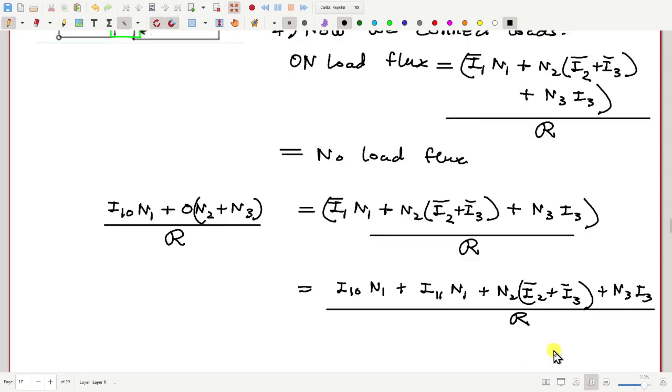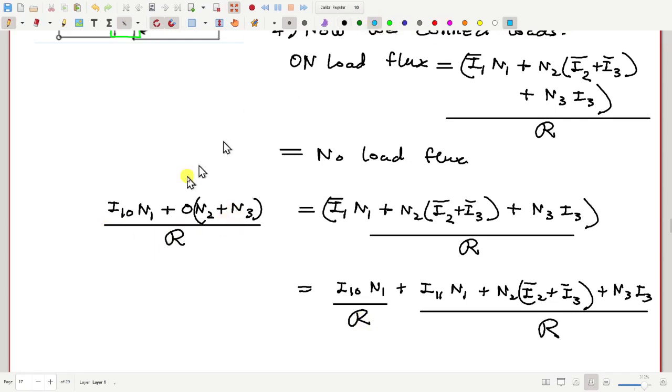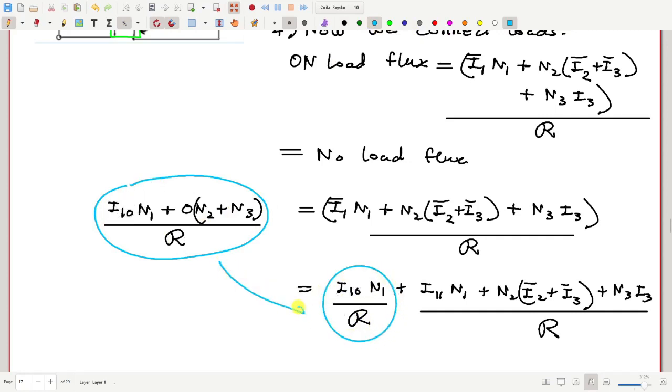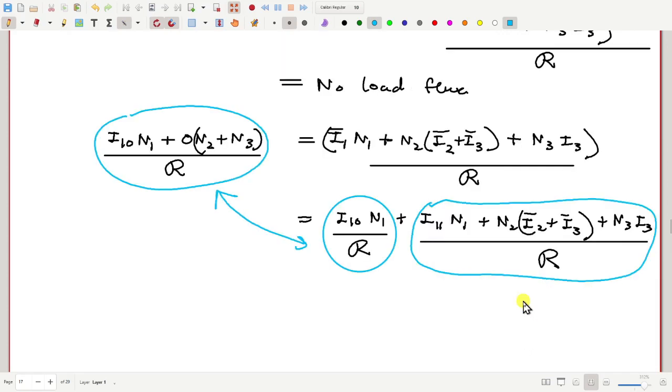One thing is common on both the sides, which is this first term. So this term and this term, they are same. Therefore this is basically the excess flux. This should be equal to 0. This is the extra flux.